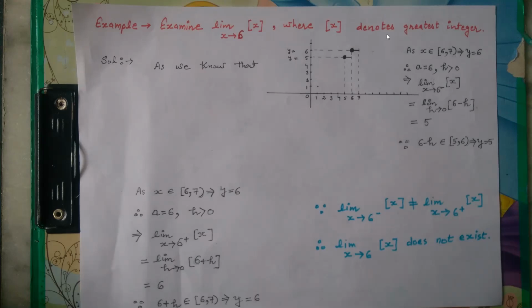In the left-hand limit, the value of the function becomes 5. In the right-hand limit, the value of the function is 6. Because the left-hand limit is not equal to the right-hand limit, we say that the limit of the given function does not exist.